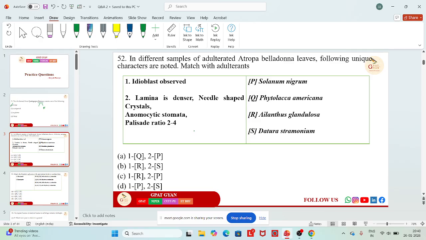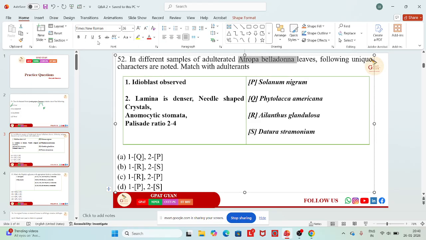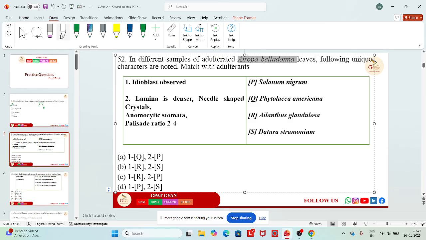Next, this is the adulterant characteristic for the Atropa belladonna. I told that there are some drugs whose adulterants are important. So these are the adulterant characteristics for the Atropa belladonna. One is idioblast and another one is anomocytic stomata and palisade ratio 2 to 4.